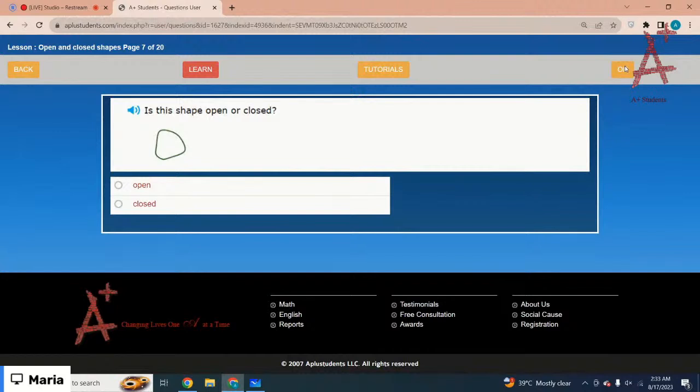Is this shape open or closed? This is the closed shape, right? The correct option is closed.